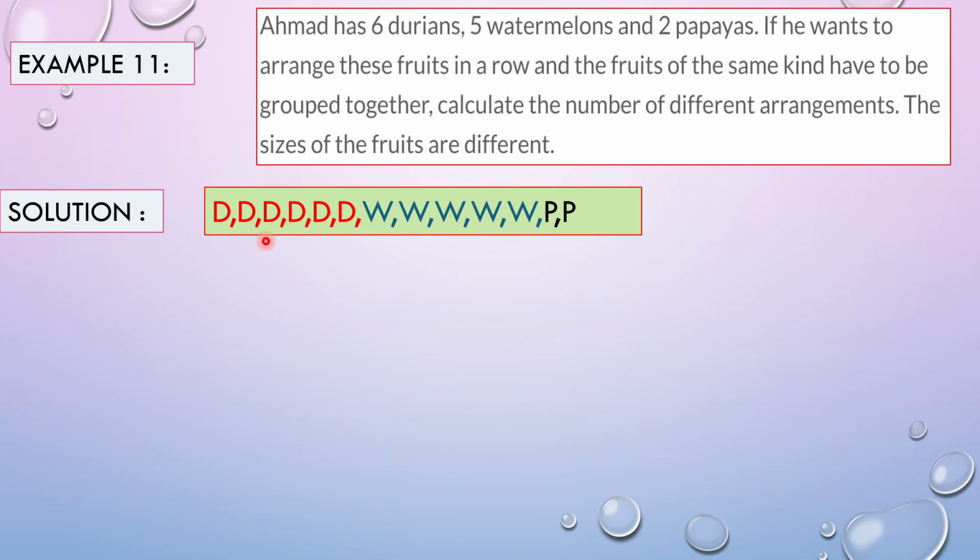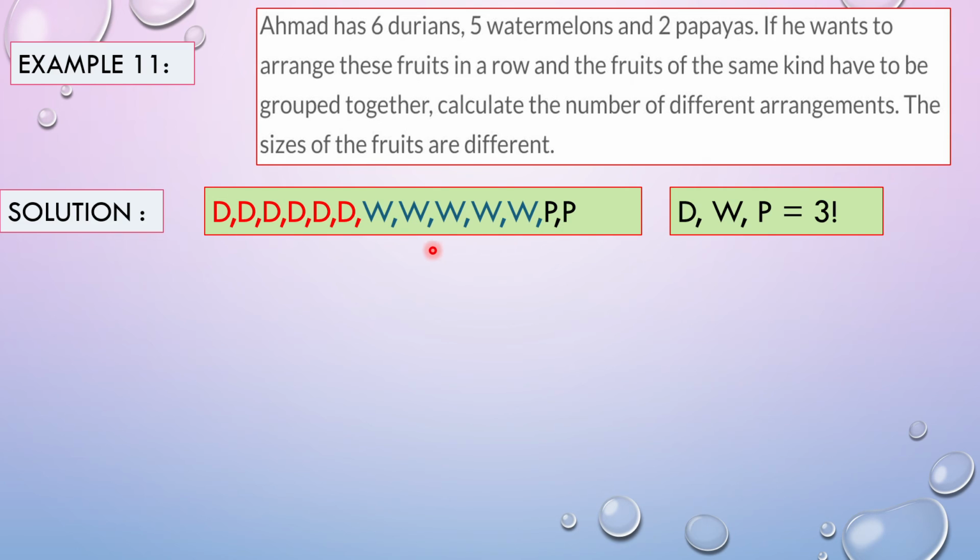So you can put all durians together, followed by all watermelons, and then followed by papayas. So here now durian, watermelon, papaya. We can do the arrangement for these 3 fruits. So that will be 3 factorial. For the first example, the arrangement is durian followed by watermelon followed by papaya.